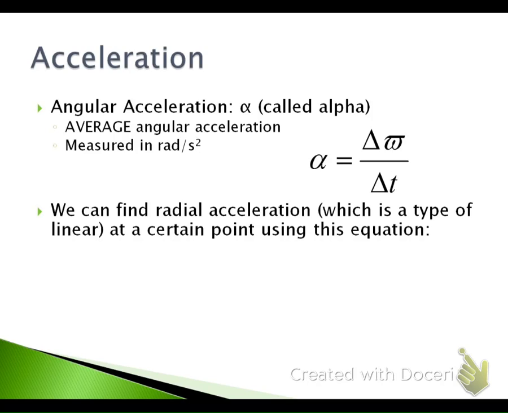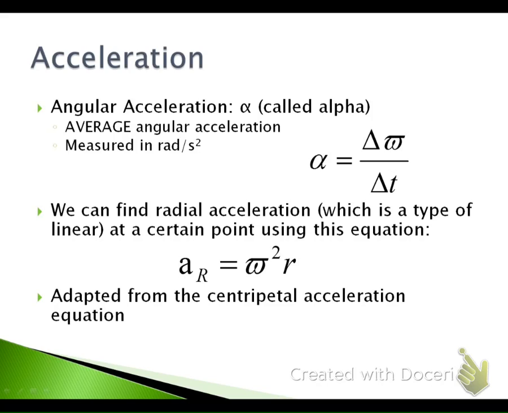Radial acceleration is the centripetal acceleration that we learned about during our circular motion chapter, or A sub r. We're manipulating that centripetal equation to take into account our angular velocity. If you want to walk through the math, it's on page 212, but if you don't, that's fine.